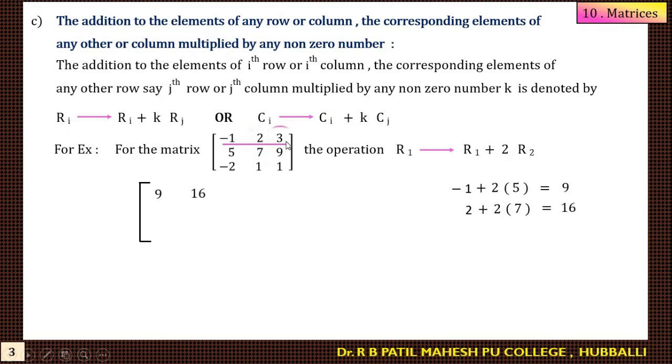Next, the last element, the first row third element, is 3 plus 2 times the R2 element, which is 9. Operating this, you get 21, and you write this 21 in the third position. The remaining elements, the second row and third row, you write as they are, because according to this operation only R1 is changing.